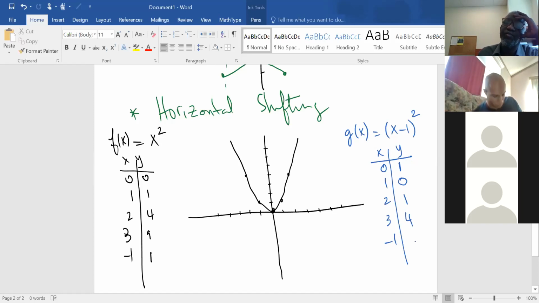And f of negative 1? 4. f of 0 is 1. f of 1 is 0. f of 2 is 1. f of 3 is 4. And f of negative 1 is 4.